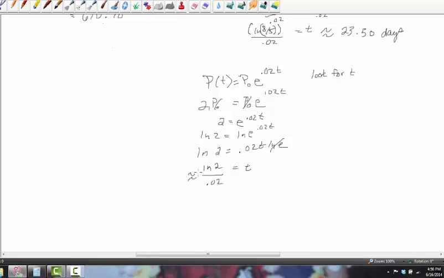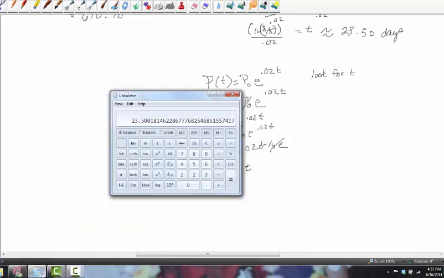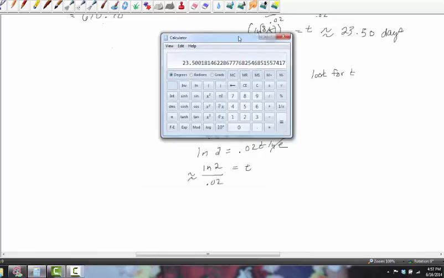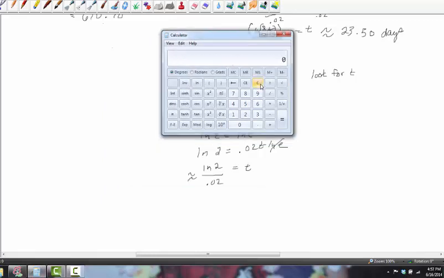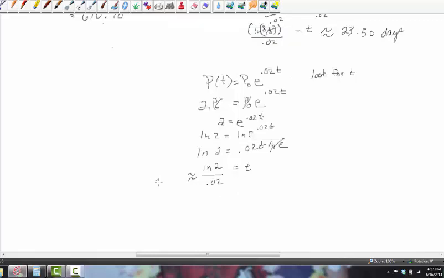And again, I can plug that into a calculator to get an approximate amount, which will be, let's clear this, so natural log of 2 divided by 0.02 is 34.66.